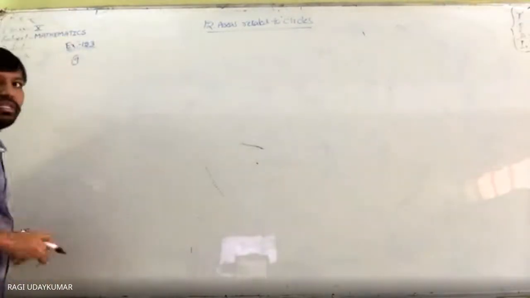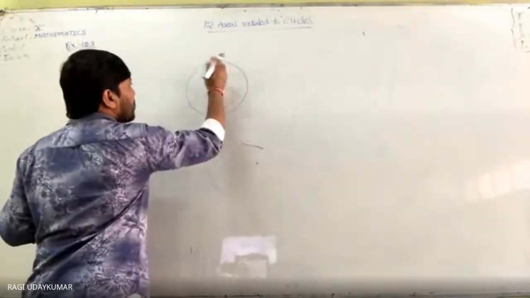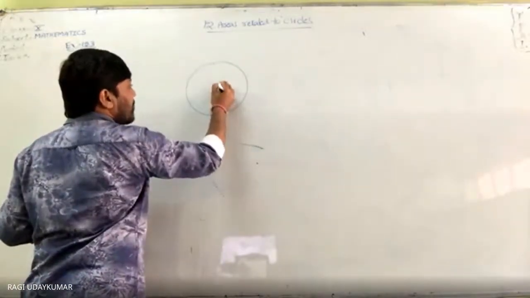Question number 9. So what is the question given here? AB and CD are the two diameters of the figure 12.1, two diameters of the circle with center O, perpendicular to each other. The circle with center O is taken into consideration, and this is the center of the circle.